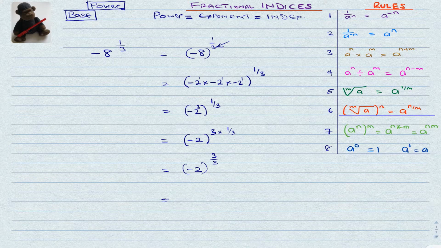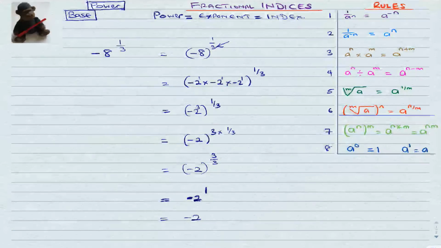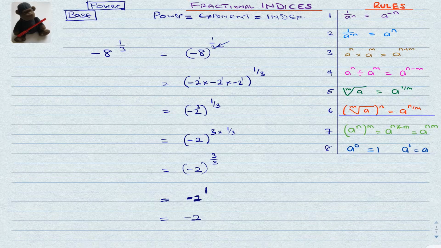And that will become minus 2 to the power of 1. And the answer is minus 2. Remember, the minus is in front of the 2, not to the power of minus 1. So don't get that confused.